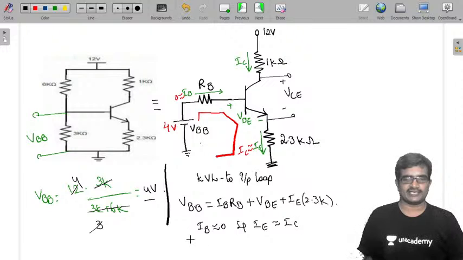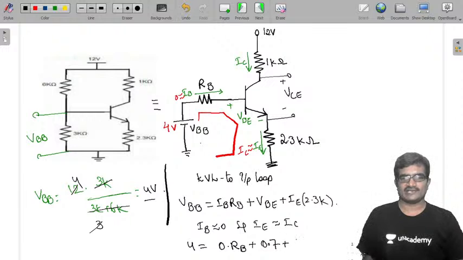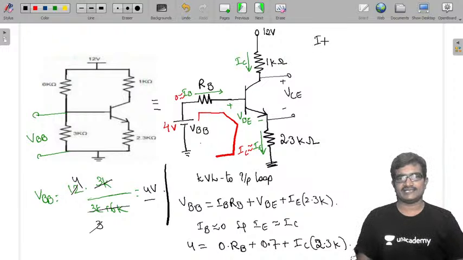Just substitute that. VBB value 4 volts equals IB (0) into RB plus VBE 0.7 plus IC into 2.3K. From this, IC is (4 minus 0.7), 3.3 by 2.3K.